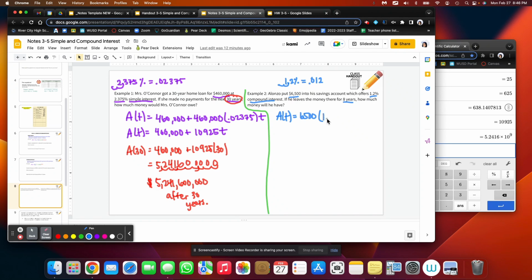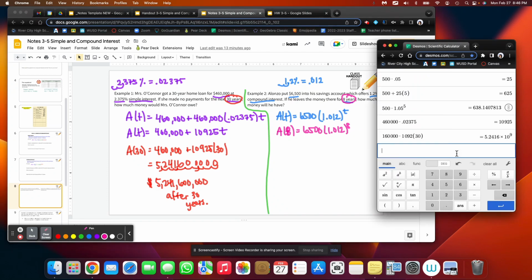So it's going to be 1.012 to the t power. So there's a formula for the amount of money. For this particular problem, it's telling us to plug in 8 for time. So we're going to see how much money we have after 8 years. So we're going to plug in 8. So 6,500 times 1.012 to the 8th power.